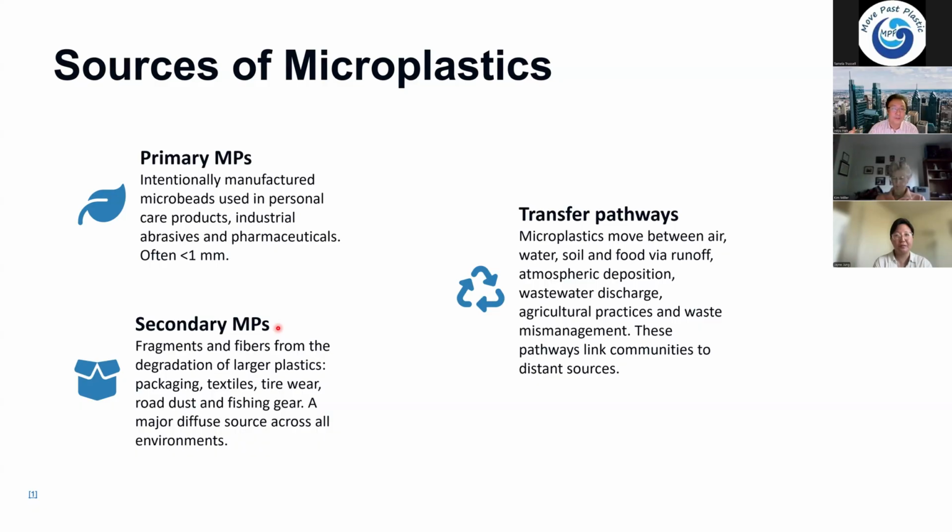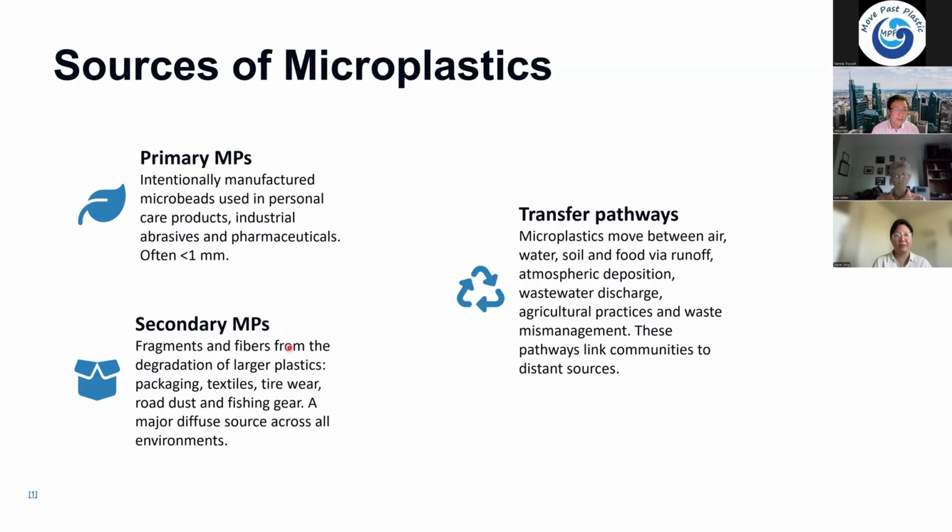After we consume the food, we discard the waste haphazardly, and the plastic bags or wasted plastic materials are deposited in any environment, as we know. It may be in the ocean or streams or even soil and many other places. And when they are exposed to the air or the water, they degrade as time goes by through the weathering process.